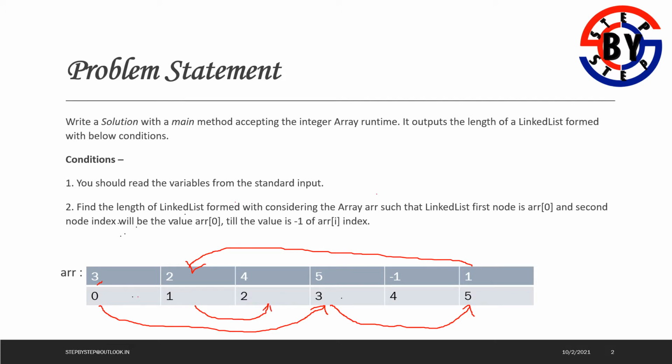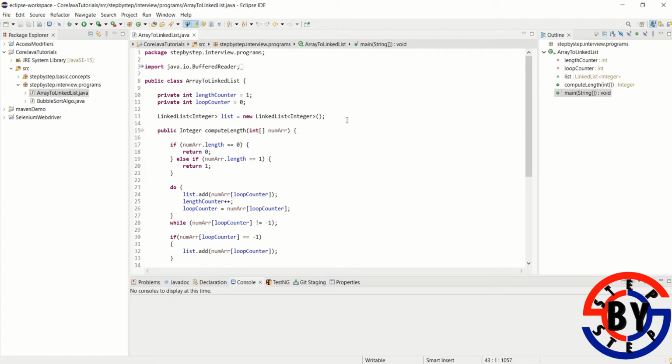Then we go to the fourth location, and there we find the value -1. As per the condition, this will be the last value, so we don't need to traverse now. That's how the linked list will be formed, and we need to find the length of the formed linked list. So let's understand the program for the same.